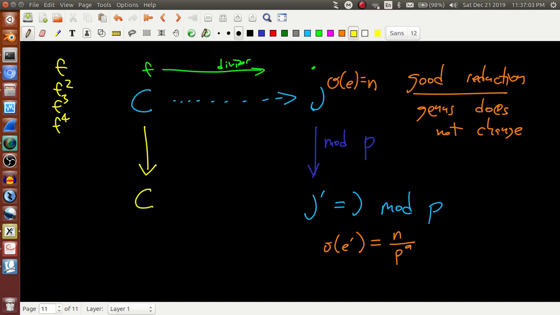We can reduce this curve mod p, and we can construct its corresponding Jacobian variety, and this diagram commutes. We get the same J prime in this direction as we went in this direction, and this calculation is basically doable.